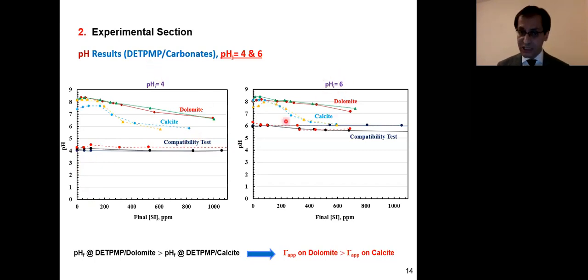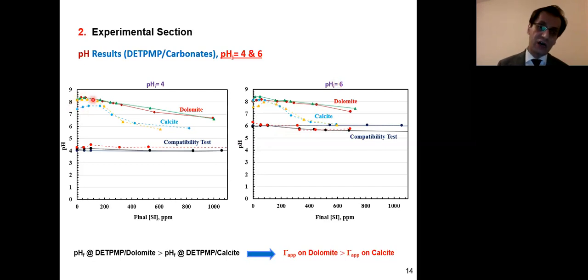However, at pH 6, after 100 ppm, the pH starts to decrease because of missing calcium and phosphorus from the scale inhibitor. So DETPMP is incompatible with North Sea water at pH 6.